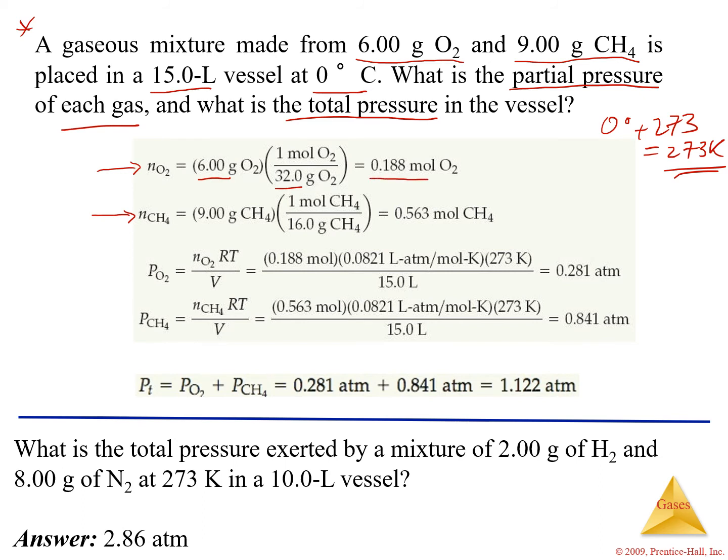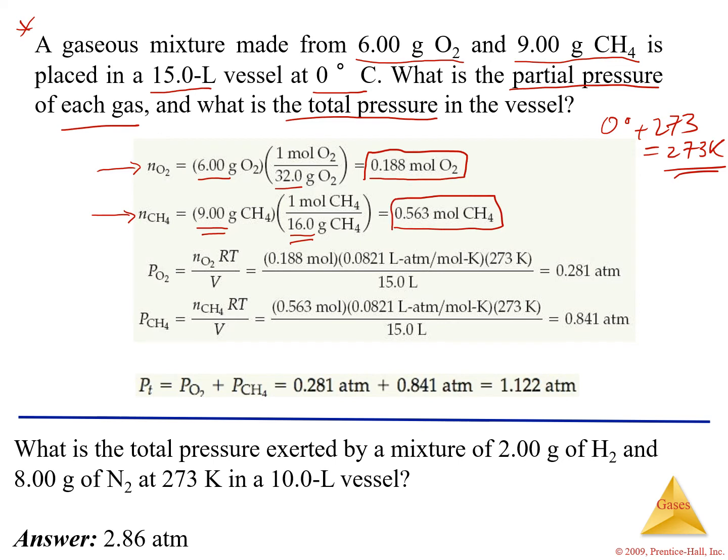So the result is that we have 0.188 moles of oxygen. In the same way we convert the grams of methane to moles of methane, using the molecular weight of methane, 16 grams per mole.